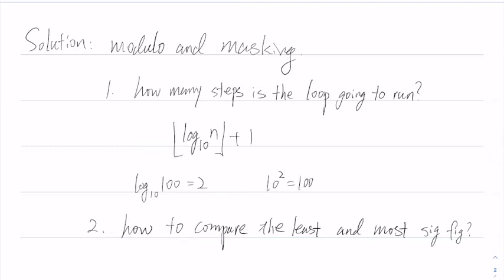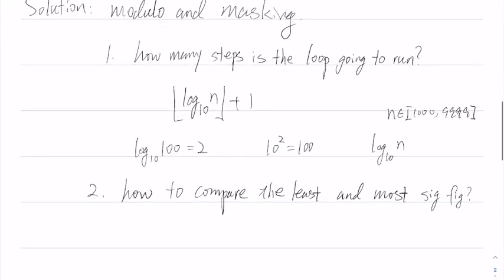Similarly, if we have something in the thousands, log 10 of n, where n is in the thousands area, is going to give you somewhere from 3 up to, but not including, 4, because if this gives you 4, then that means we have 10,000, right?